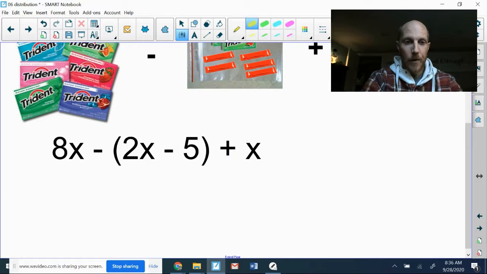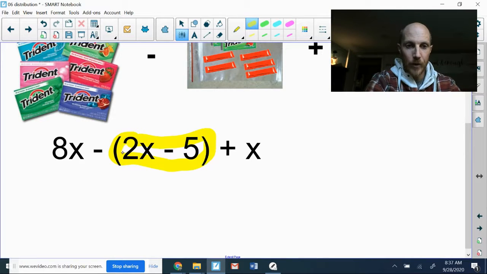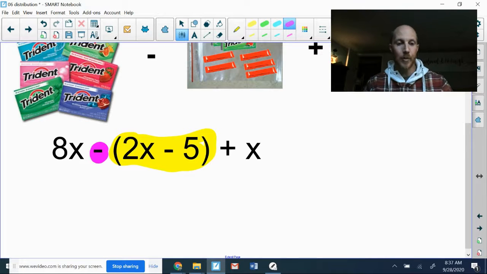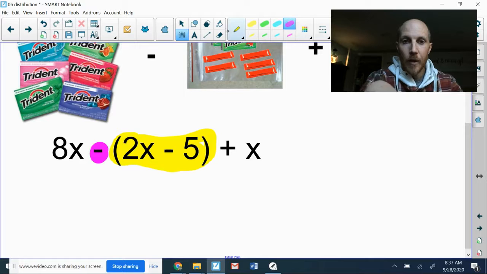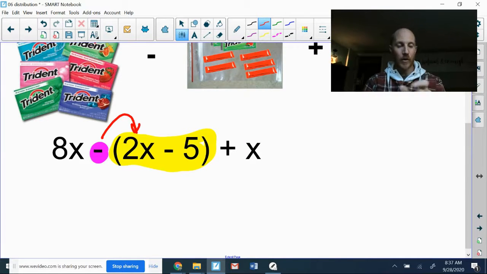So here's what's happening. I have an algebra expression that has some parentheses in it, and those parentheses are being subtracted. So I can distribute subtraction, just like the previous example we saw, where we distributed multiplication. I'm going to take this minus sign, and it is going to get distributed onto all of the elements, all the terms that are inside those parentheses.